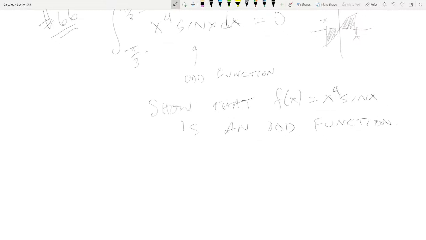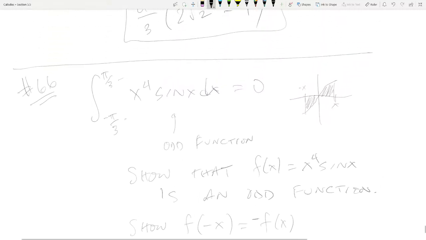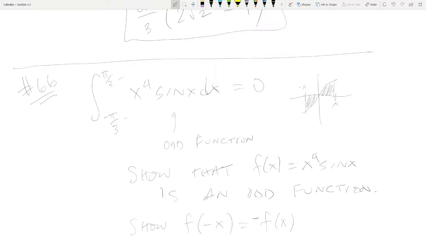Okay, so what is it we have to show? We have to show, because this is what's true of all odd functions, that when you plug in negative x, what you get is f of x with a minus out in front. So let's see that here. If I plug in f of negative x, I get that length right there. That would be f of negative x.